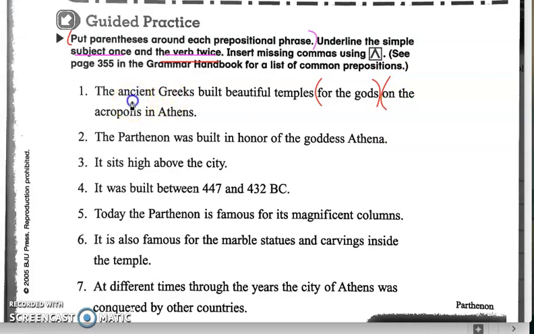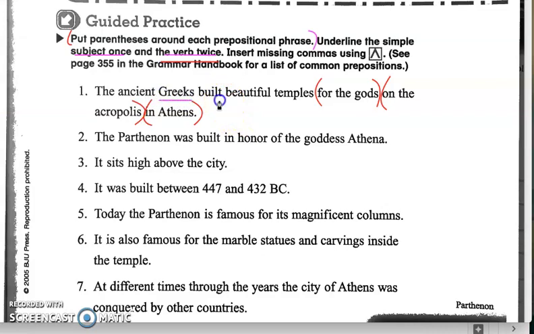On the Acropolis. Whew, we have one more. In what? In Athens. Cool. So we can get all of that out of the way. Our sentence now is just the ancient Greeks built beautiful temples. What's the subject? The Greeks.